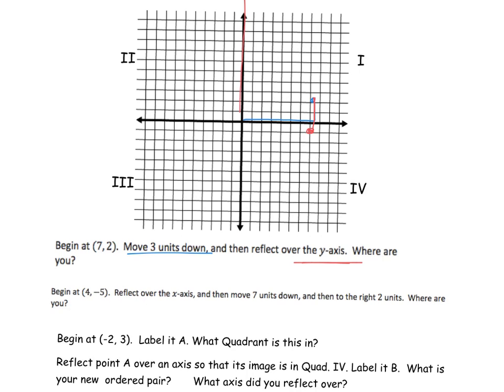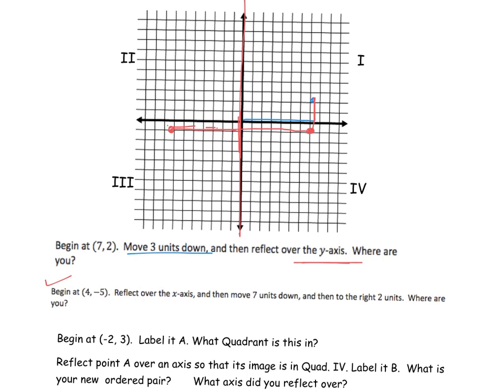So here's my y-axis. We have to flip this point so it's on the other side of the y-axis, the same distance away. It was 7 units away, down 1, so now it has to be 7 units away, down 1. 1, 2, 3, 4, 5, 6, 7, down 1. So it's like you have that number line where 0, your axis, is right in the middle.